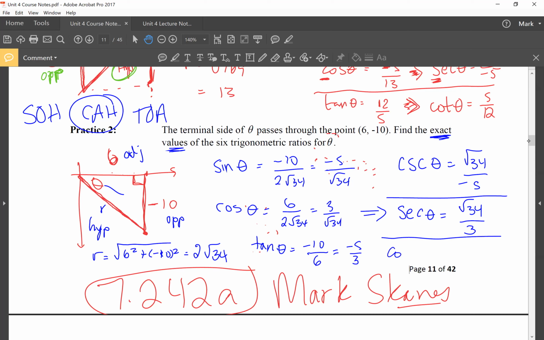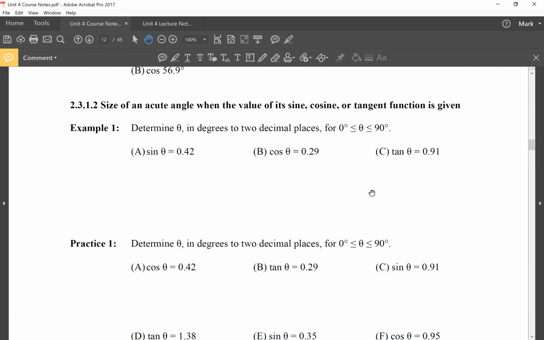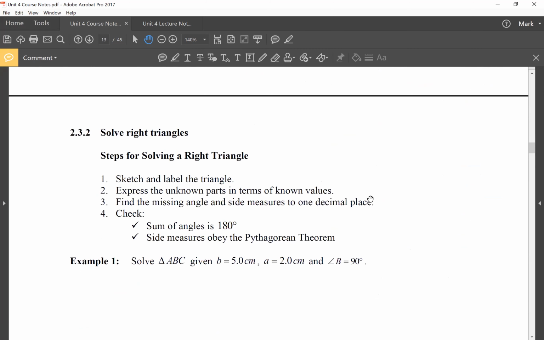And cotangent, my favorite, is the inverse of tangent, which would be 3 over negative 5. And there we go. We're going to put all this to practice today. Don't worry, we're building towards something. You'll see. Again, this will make a lot more sense once I get to these problems here.